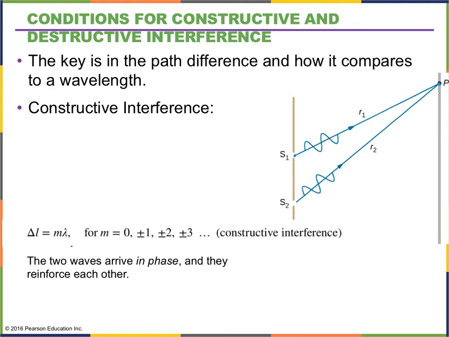So basically what we want to know is, what's the path difference and how does it compare to the wavelength? Because the idea is that, for instance, like here, if this is R1, a certain number of wavelengths will fit on the path.